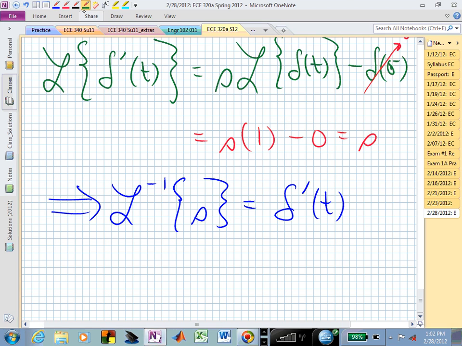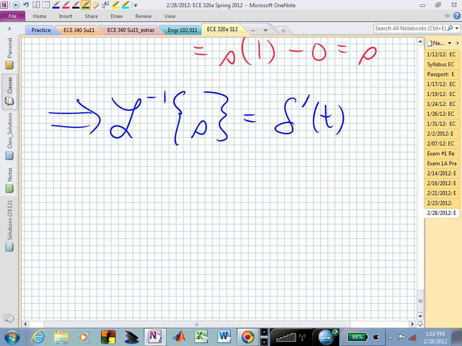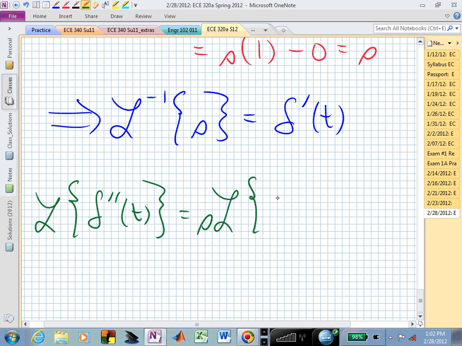And now let's do that one more time. Now if we Laplace transform the second derivative of an impulse, this is now s times the Laplace transform of the derivative of an impulse minus the derivative's value at 0 minus.